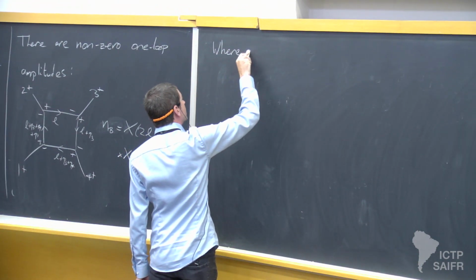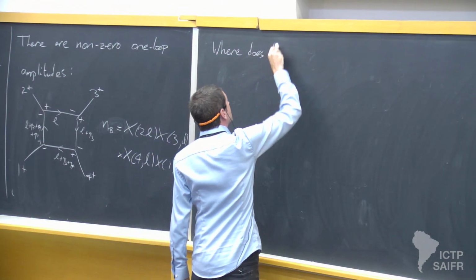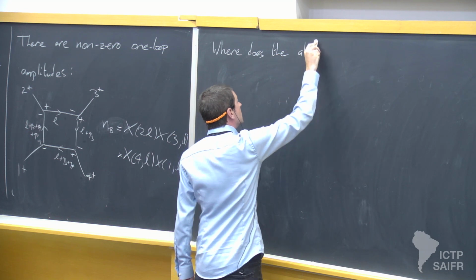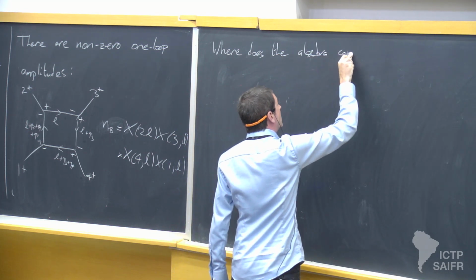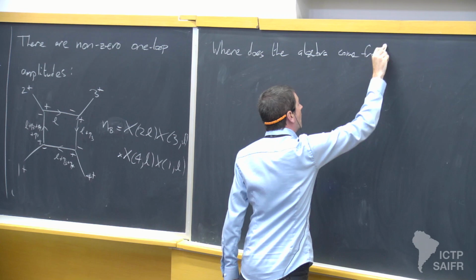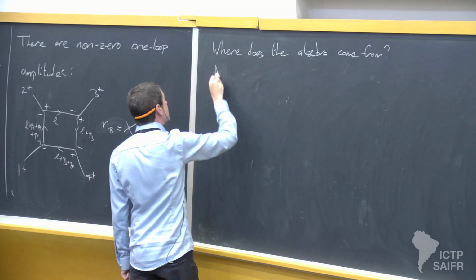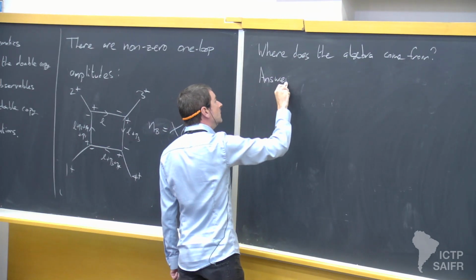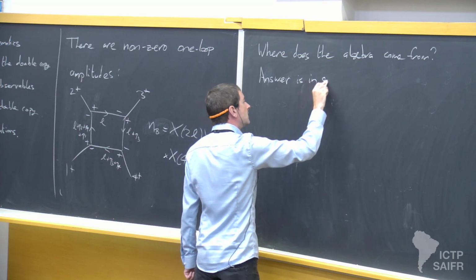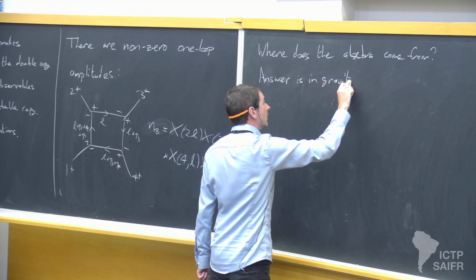So where does the amplitude algebra come from? So the answer really is in gravity. In this case, in self-dual gravity.